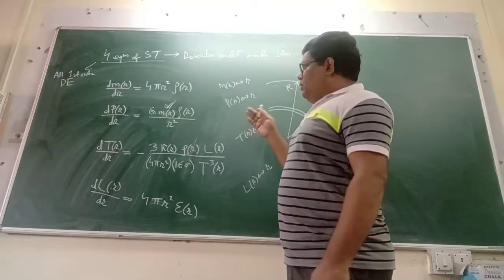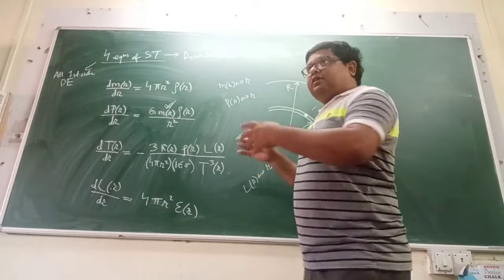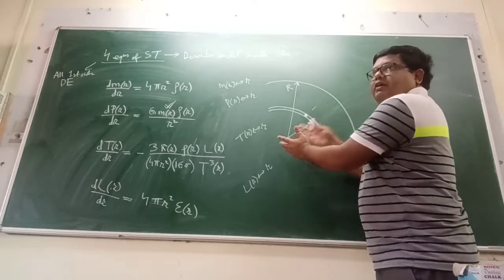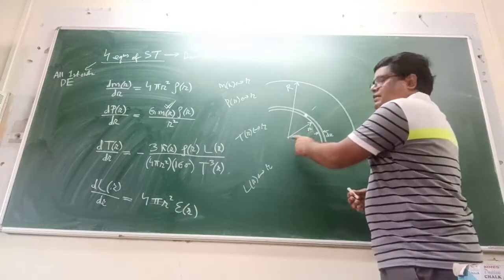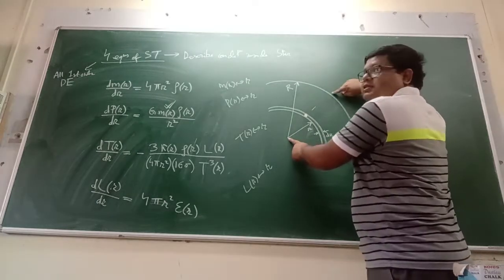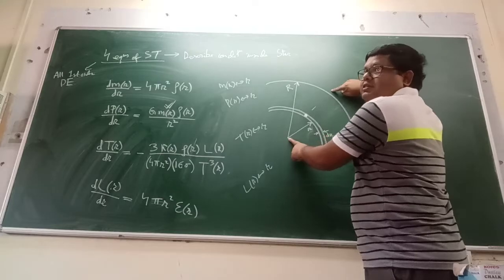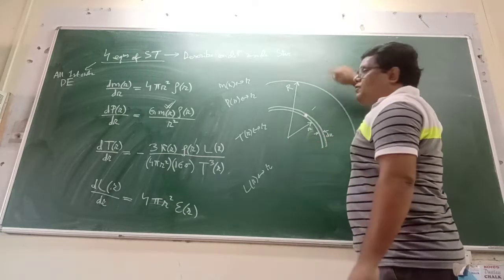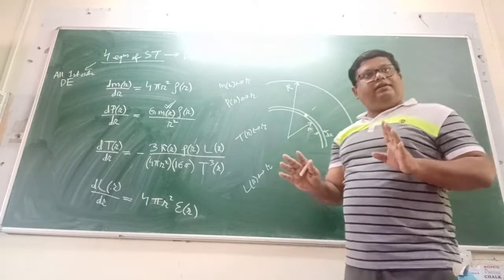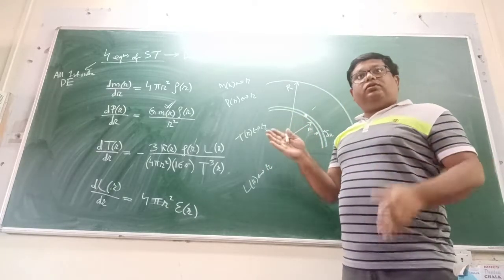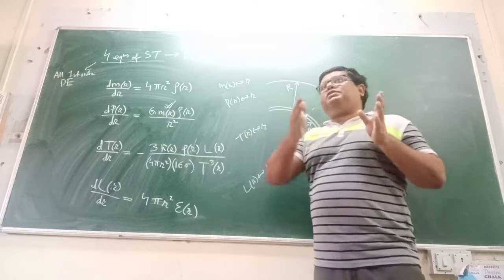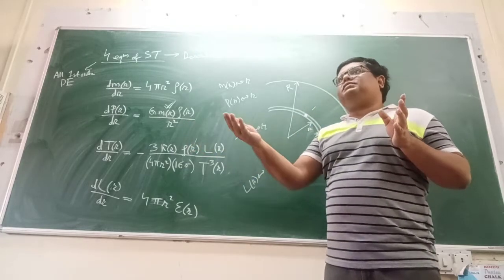Okay. Now, the third equation is, look, here we have got a star, right? Obviously, the temperature is high at the center and it is much less at the surface. Say for example, our sun, the surface temperature is around 5800 degrees Kelvin and at the center it is 7 million Kelvin. So, if a temperature gradient is there, what does this mean?